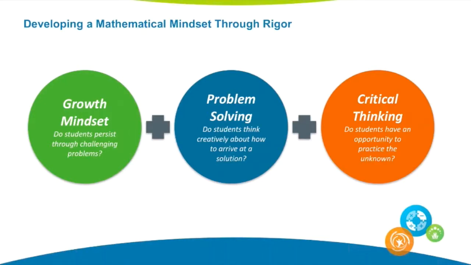Rather than focusing on right or wrong, we want to focus on their process as well as their growth, and really encourage students to stick with it, developing that sense of persistence and perseverance in order to create that growth mindset within the student.